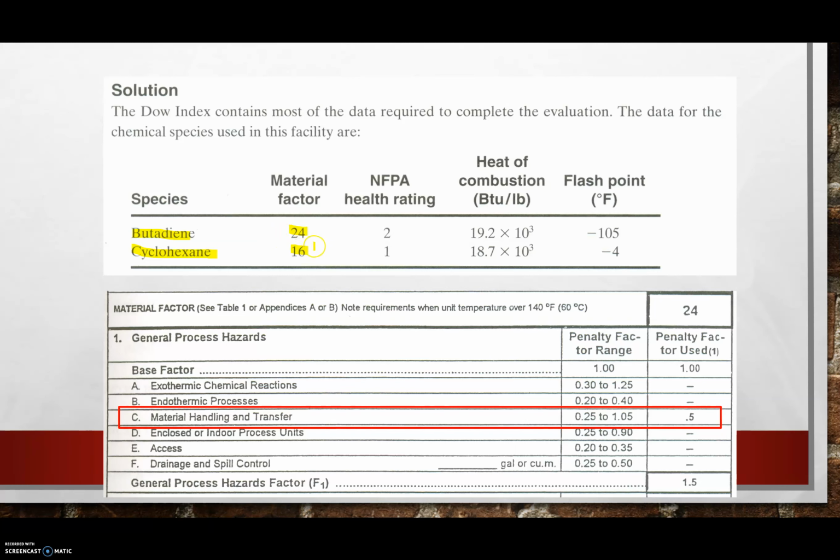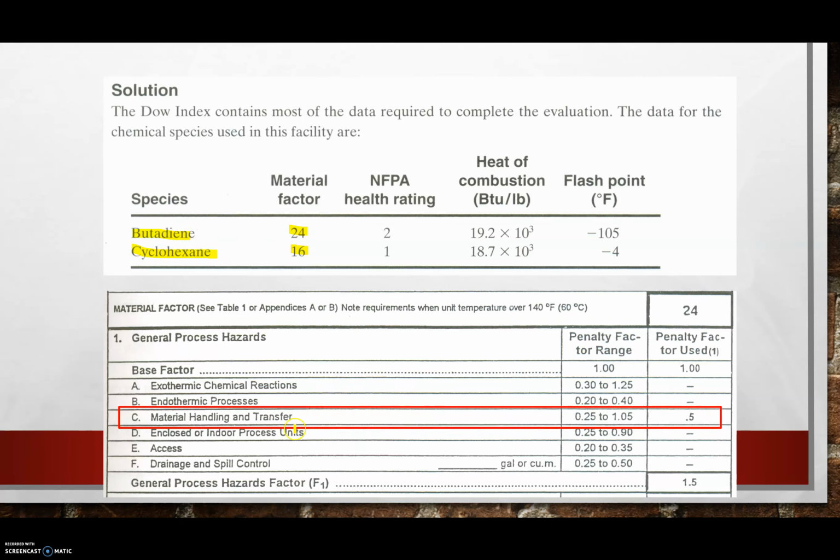Okay, this material factor will be used later on, after you get your factor 1 and factor 2 values. So you got your factor 1 and factor 2, you multiply factor 1 with factor 2, which gives your factor 3. Factor 3 is the result of factor 1 times factor 2.